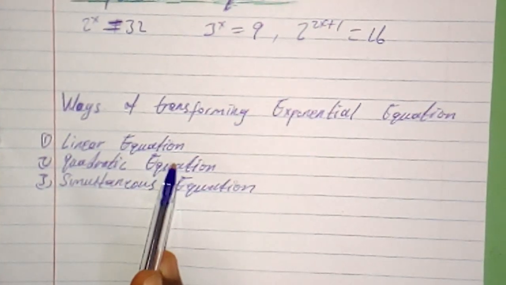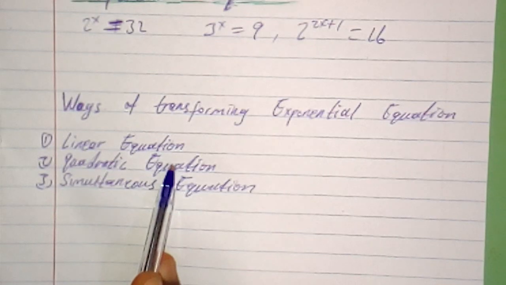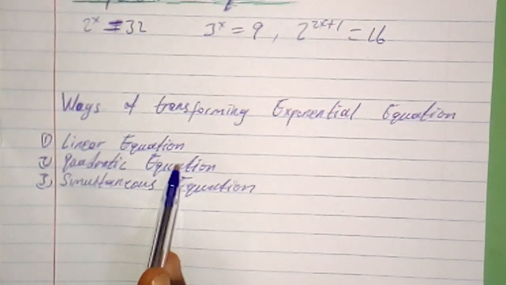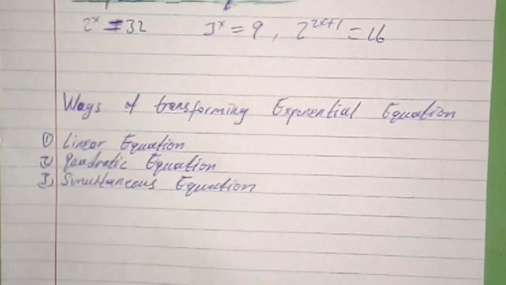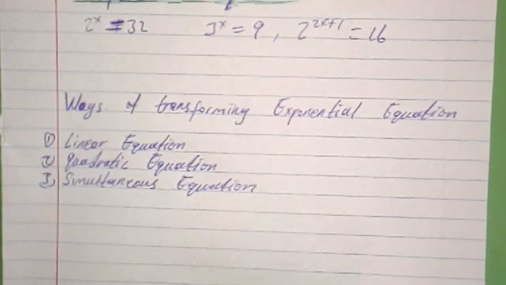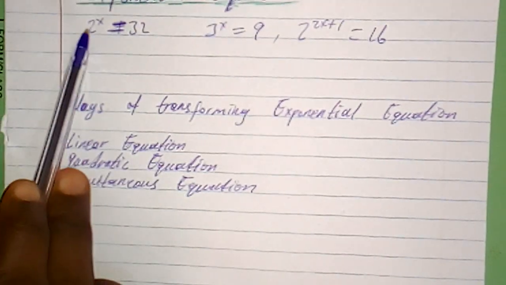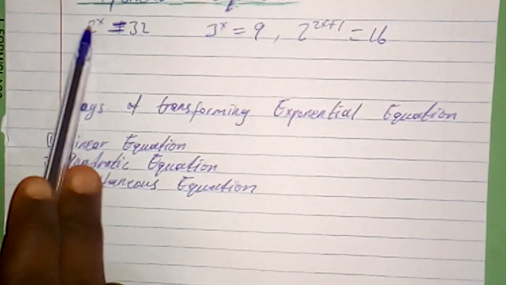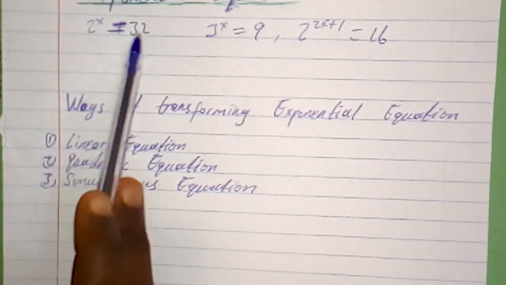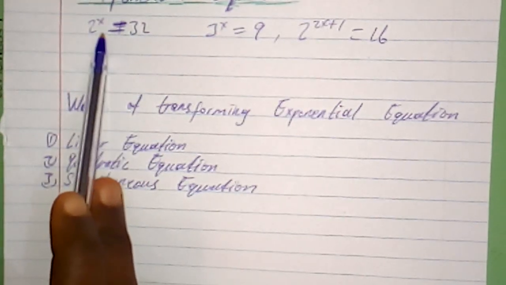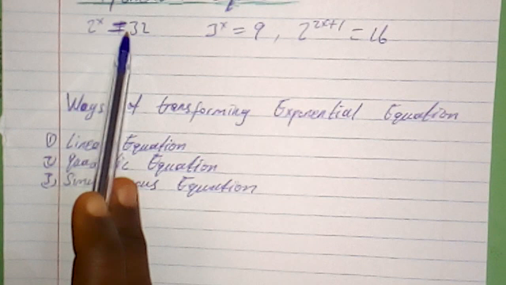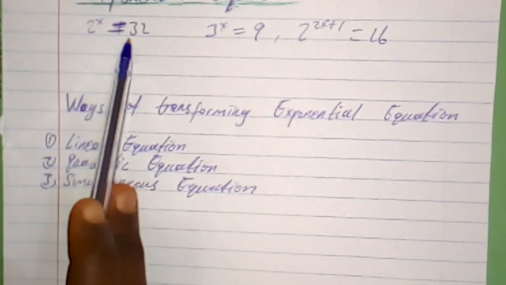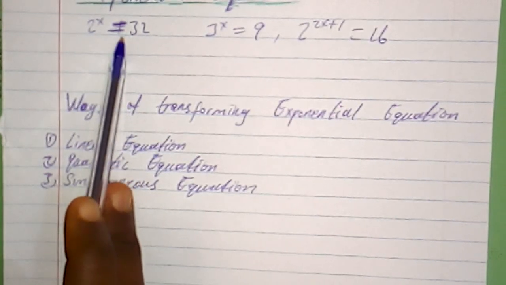Now, we move to solve examples of questions that can be transformed into a linear equation. See this. This is an exponential equation which can be transformed into a linear equation. Note, if you don't know what a linear equation means, please go and watch my video on algebraic expressions. You will understand more precisely.